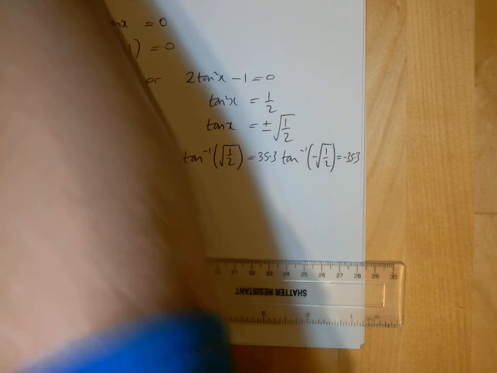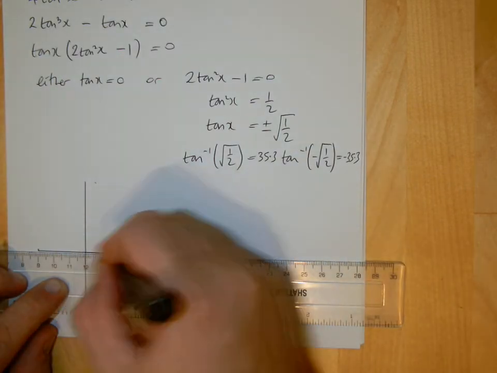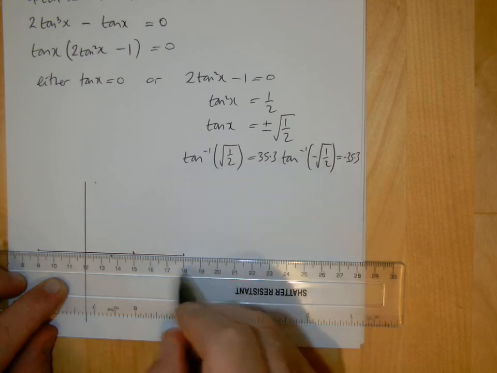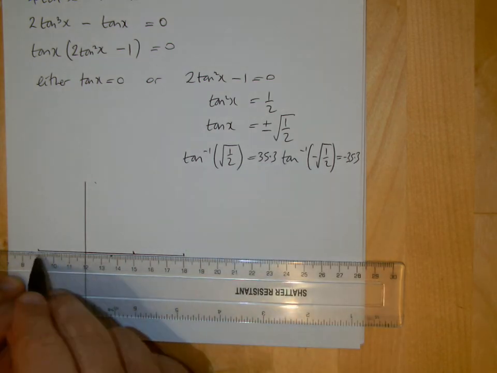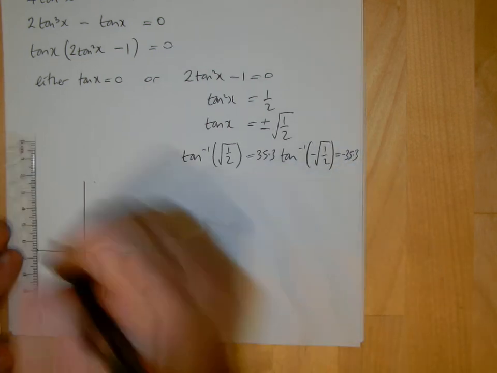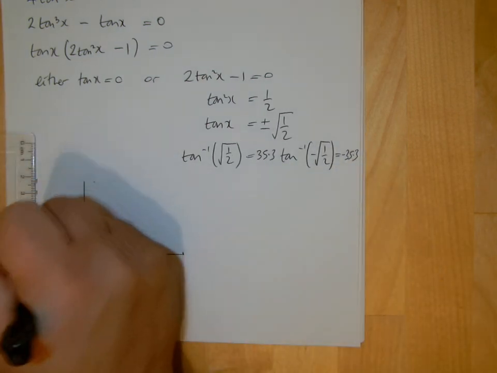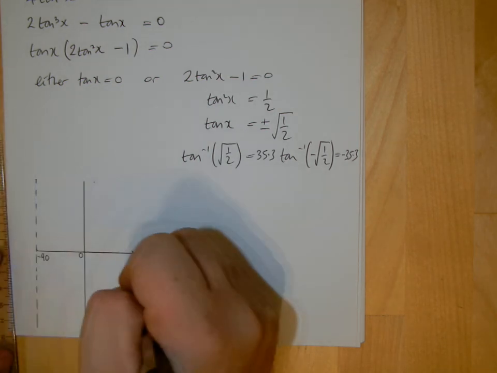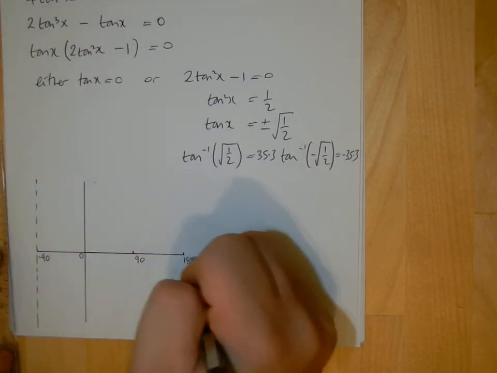So if I say every 3 centimeters is 90, I only need to go 2 lots of 3 here. I need to go back 90 as well because we got that negative result. Let's draw the asymptotes in at minus 90, 0, 90, 180.